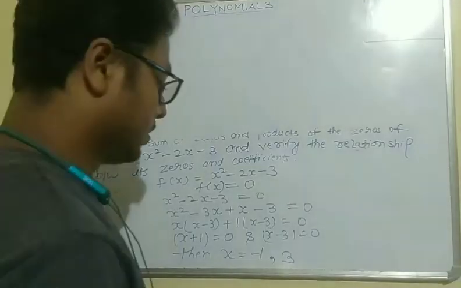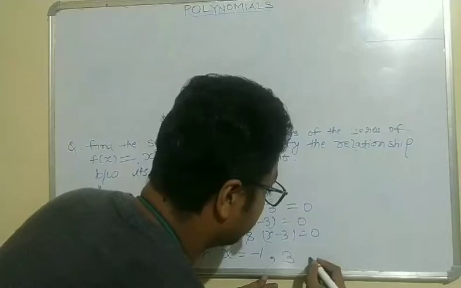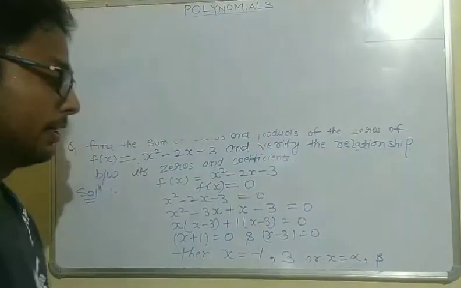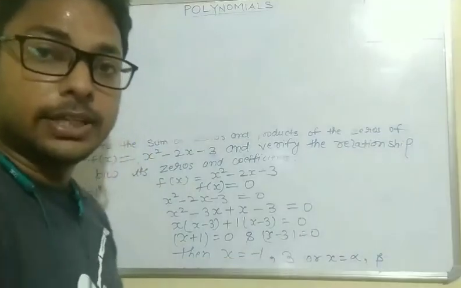Then the sum of the zeros. Here x equal to minus 1 comma 3 can also be said as x equal to alpha, x equal to beta. Then the value of alpha is minus 1 and the value of beta is 3.